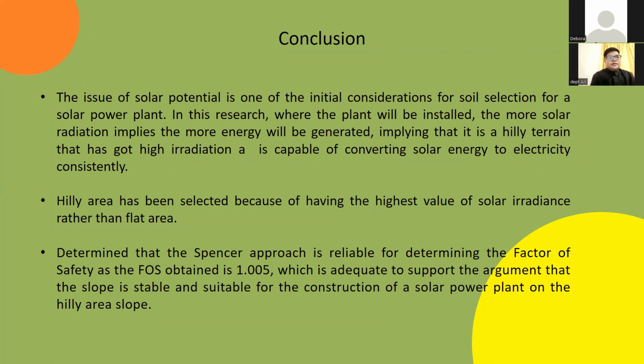And number two, the hilly area has been selected because of having the highest value of solar irradiance rather than the flat area. And the last one is to determine that the Spencer approach is reliable for determining the factor of safety, FOS, of 1.005, which is adequate to support the argument that the slope is stable and suitable for the construction of a solar power plant on the hilly area.